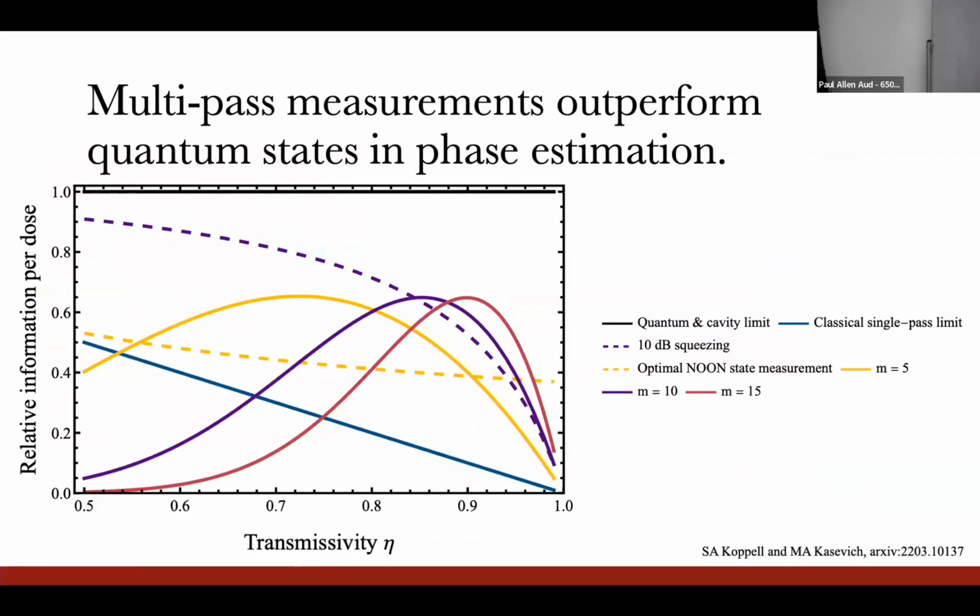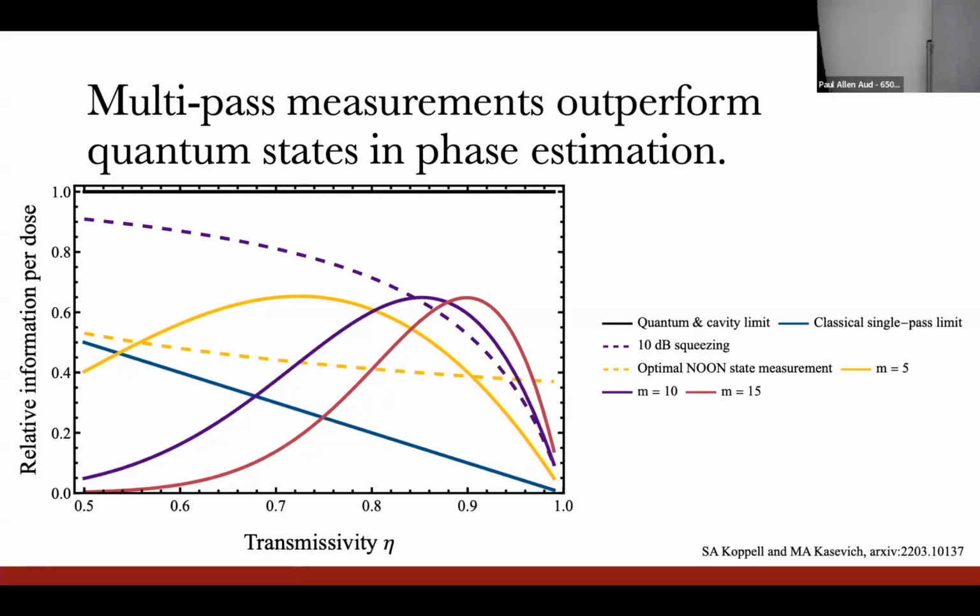I'm not sure why, at transmissivity 1, a NOON state measurement is not optimal. But the number of photons n that I put in my NOON state is going to be a function of loss.